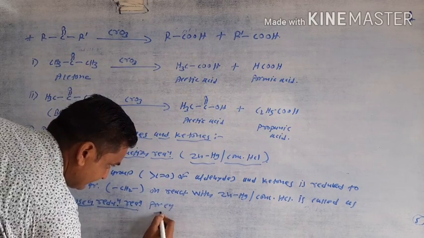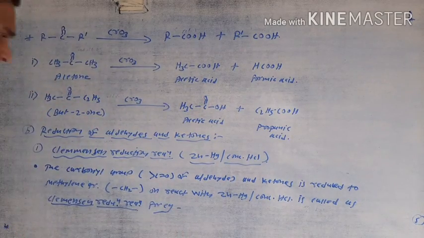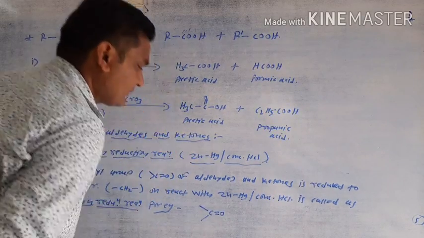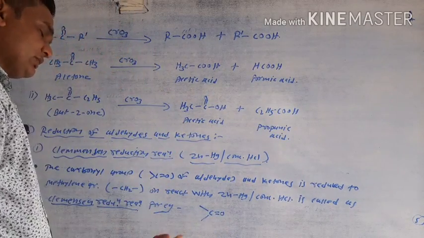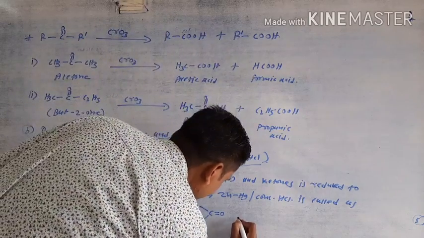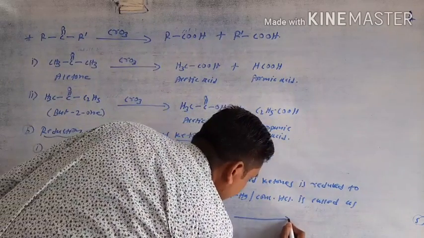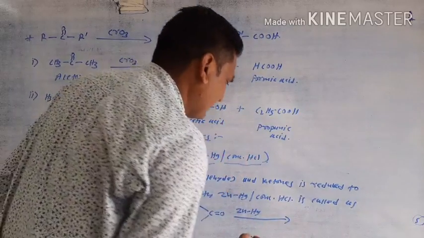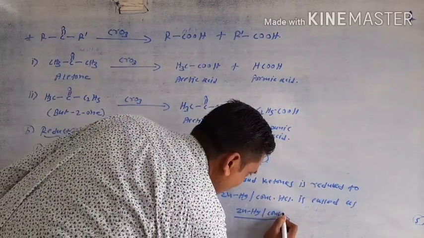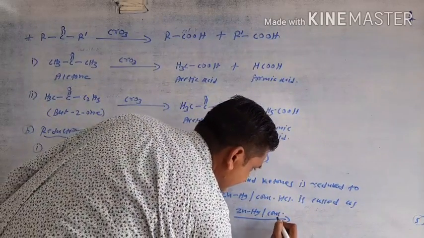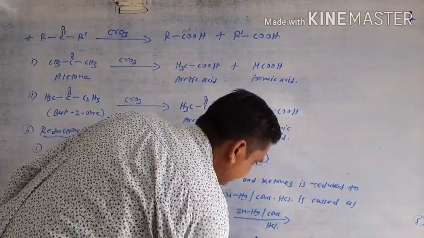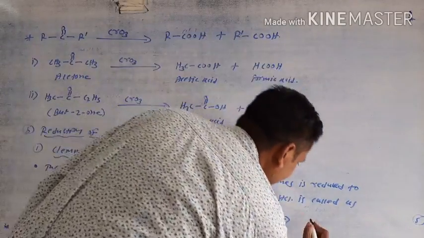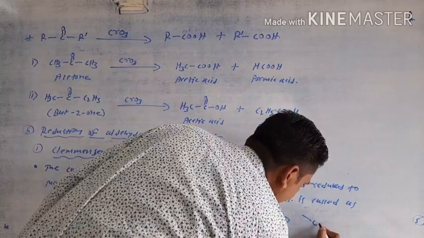For example, as a general example, any carbonyl group of an aldehyde and ketone will react with ZnHg, meaning zinc amalgam, in presence of concentrated HCl, then this carbonyl group is converted into the methylene group.